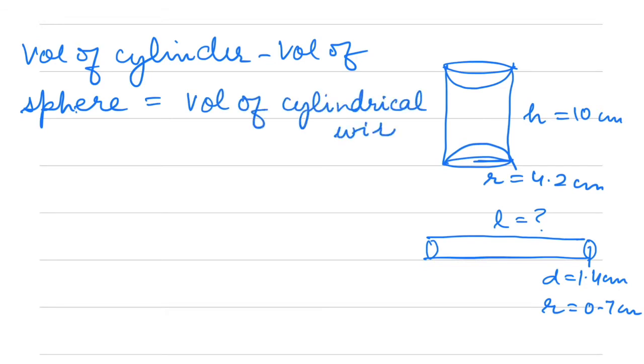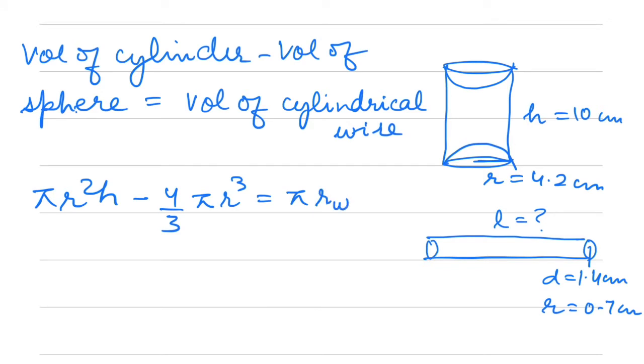Let's write down the formula. Volume of cylinder is pi r square h minus volume of sphere is 4 by 3 pi r cube, both radius are same. Volume of cylinder wire is pi r of wire square and h of wire.